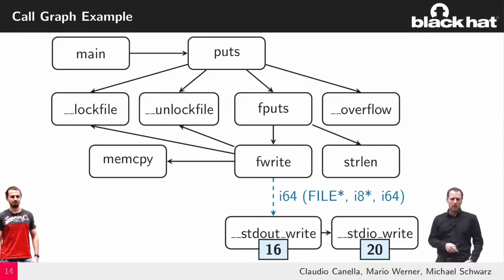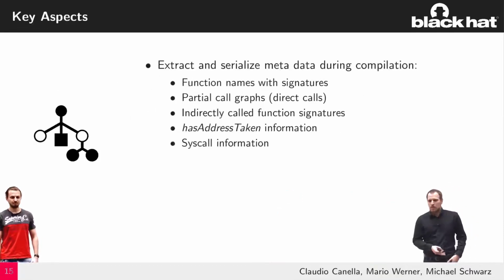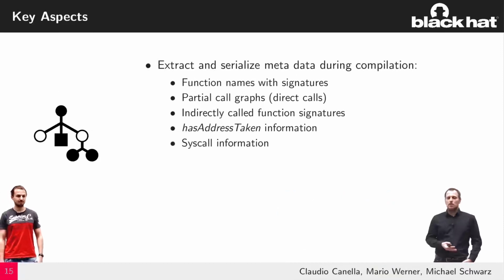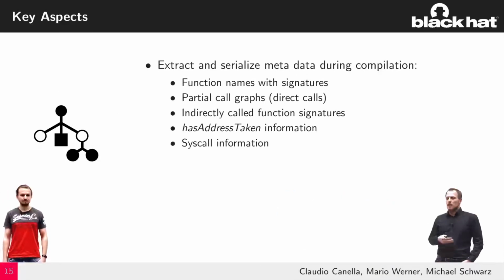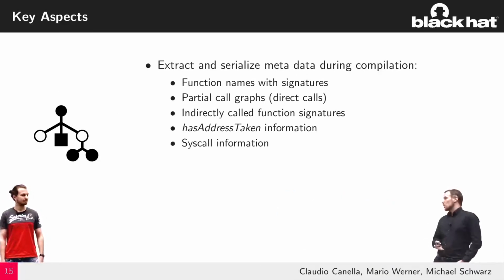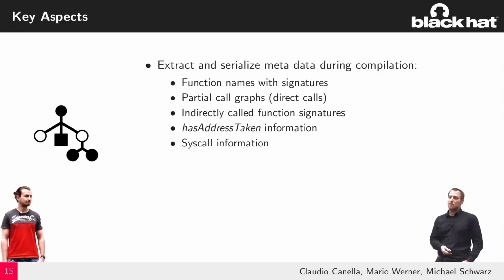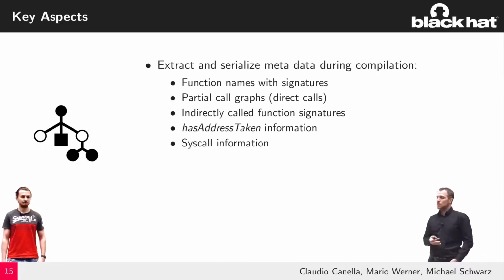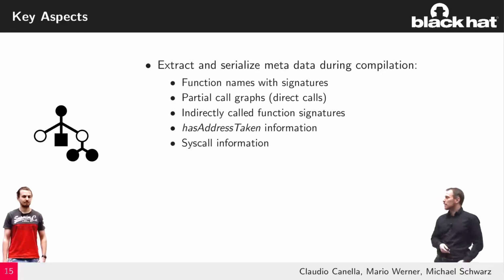So to summarize, the key aspects that Sourcealyzer uses are that we use each tool for what it's best at. We use the compiler for extracting information it has access to, like the syscalls and function names and signatures. We embed all this into the object file and then recombine it into a call graph as part of the linker.